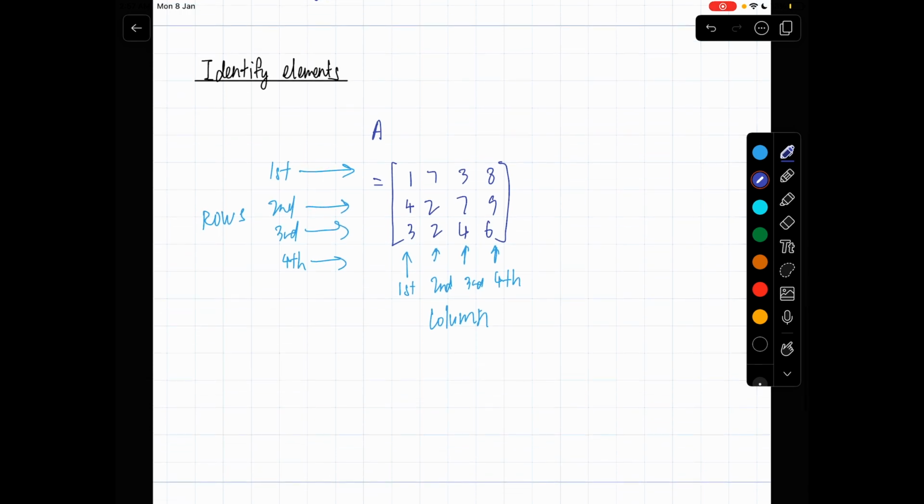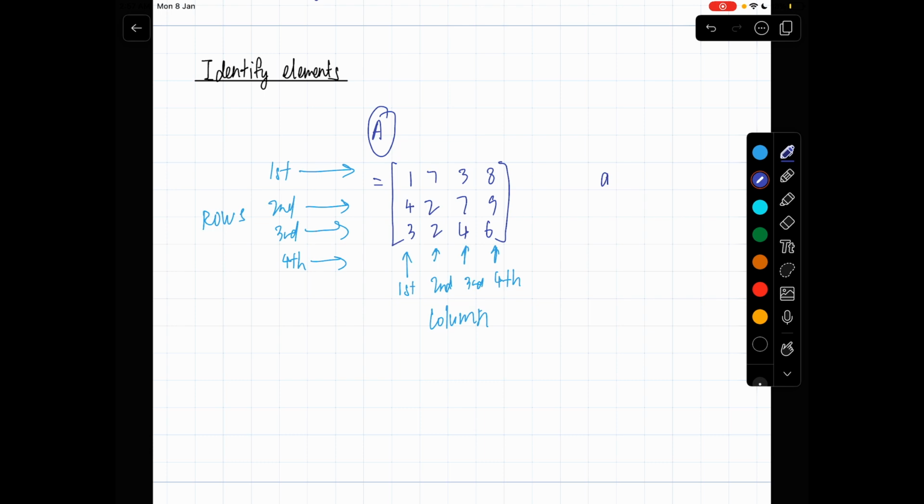To tell the position of the number 9, you will first start with the letter A. But remember, do not use the same A. If they have given you uppercase A, which is most of the case, by the way, you will be given uppercase letters to represent a matrix. I don't know exactly why, but it's almost always given like that. And then when you want to identify the element's position, use the lowercase form of it.